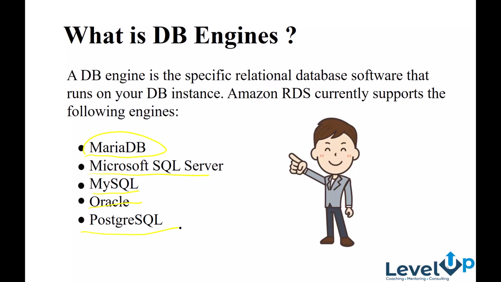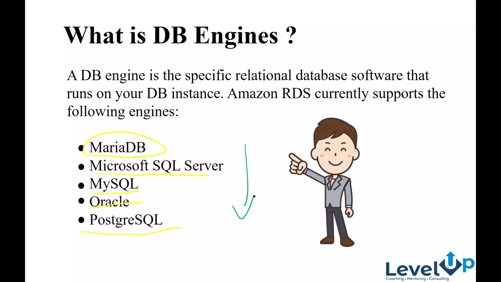PostgreSQL is another engine. Now, does AWS support all of these? AWS supports all these six engines. Additionally, there is also an Amazon-built engine of RDS called Amazon Aurora. We'll discuss that separately.